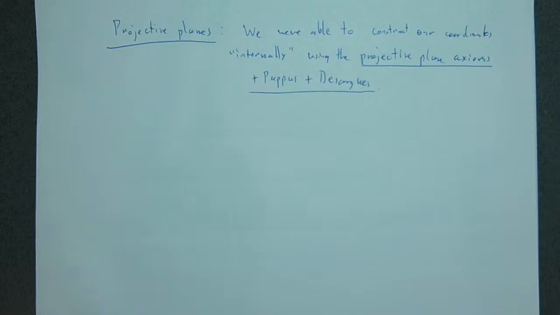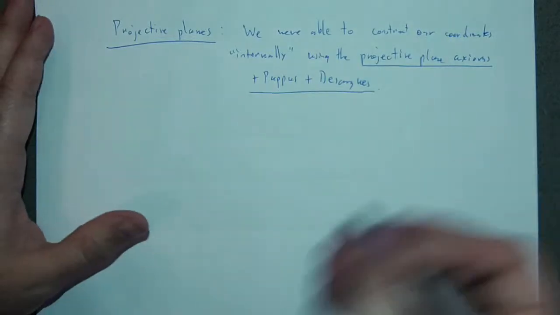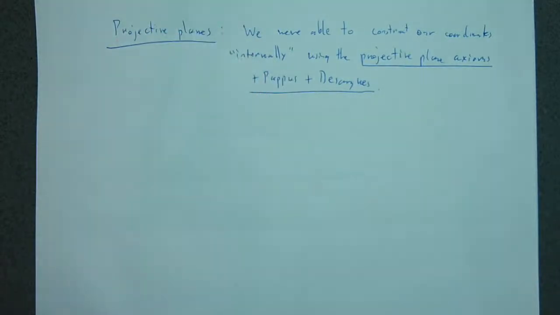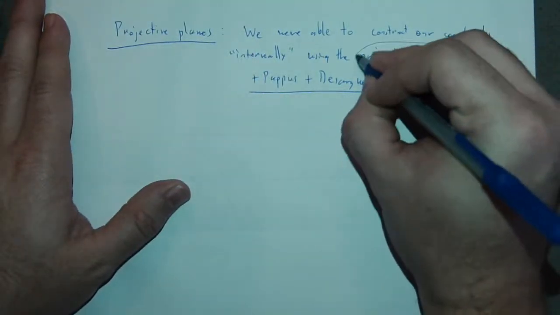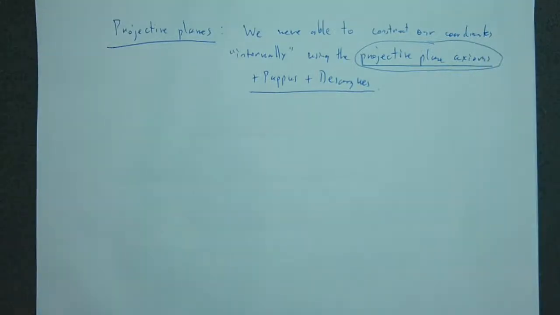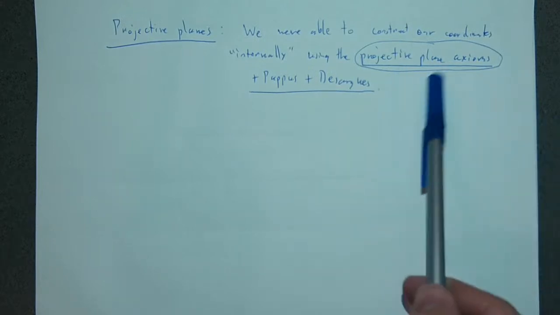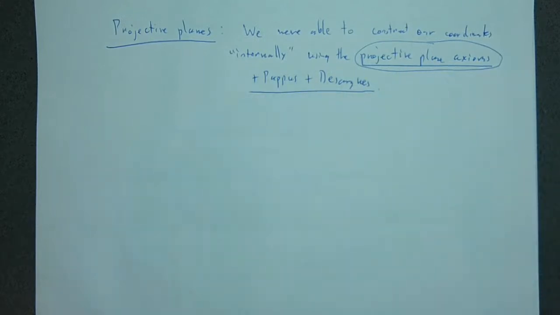Okay. So we've already seen that since we're always going to be concerned with projective planes, if we're talking about projective geometry in dimension 2, the projective plane axioms, I circled them because this is something we're always thinking about. So these are always going to be true. Then the question is whether or not you have Pappus and Desargues and what their relationship is.